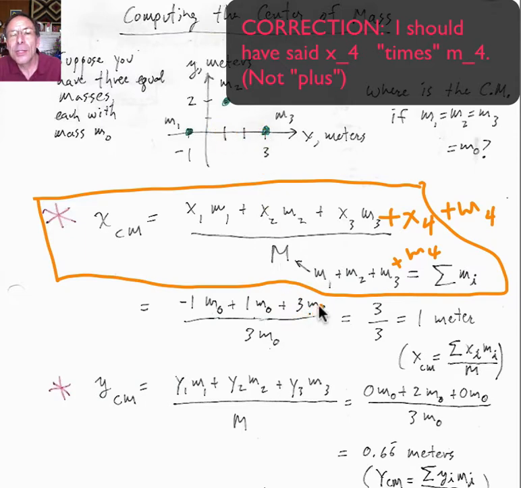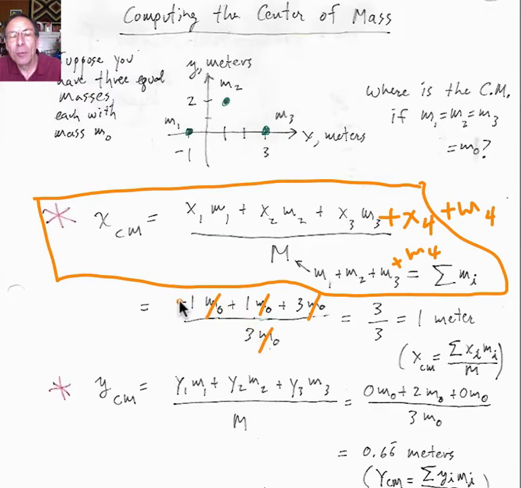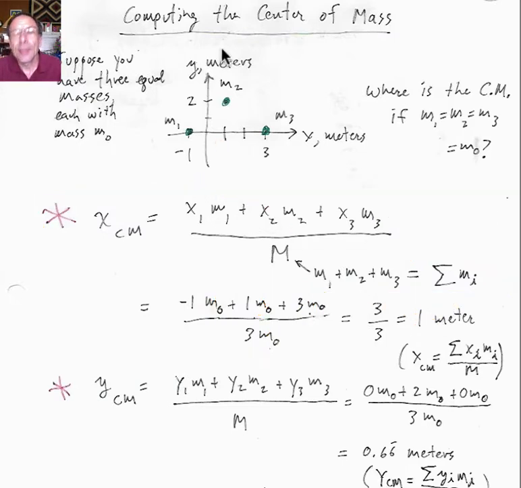So it's at 3 times m0. And each one weighs m0, so it's 3 m0. Now, the m0s cancel. And so I have -1 plus 1. That's canceling. Okay, 3 over. So the center of mass is at 1 meter. The x location of the center of mass is somewhere along here, along x equals 1.